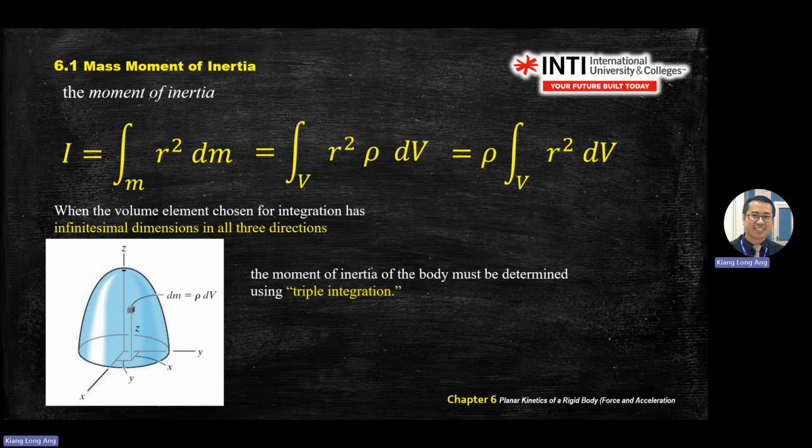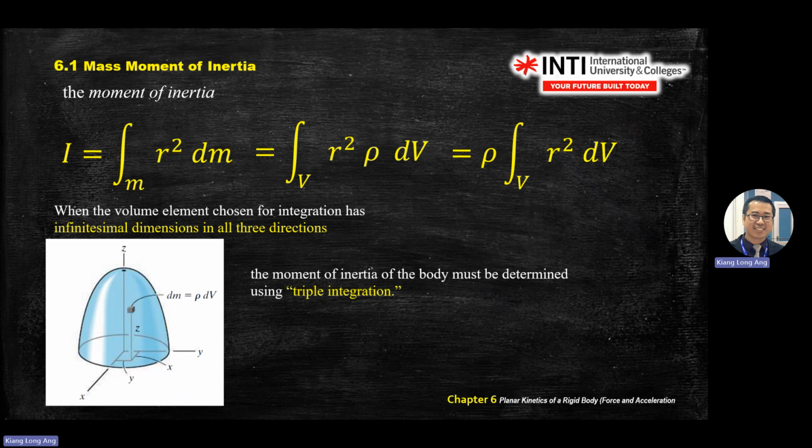Okay. So you know volume, how to find volume in three dimensions, dx, dy, dz, then you find volume. Okay. That you learn in your mathematics, how to find volume in three dimensions. You do triple integration. This is what you learn in Math 2 or Calculus 2.